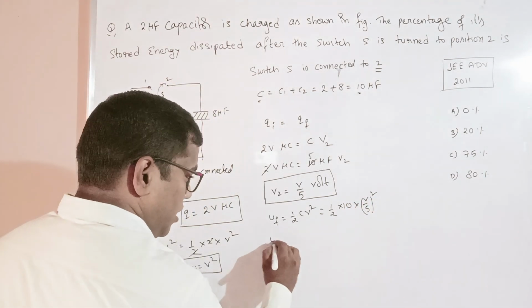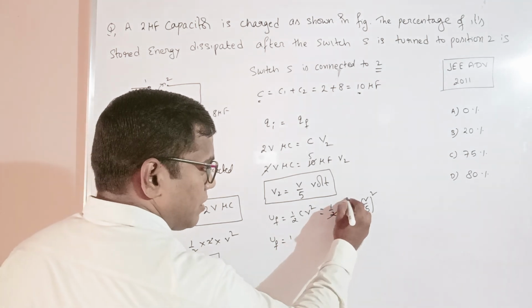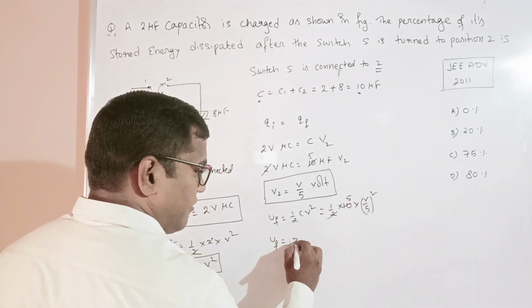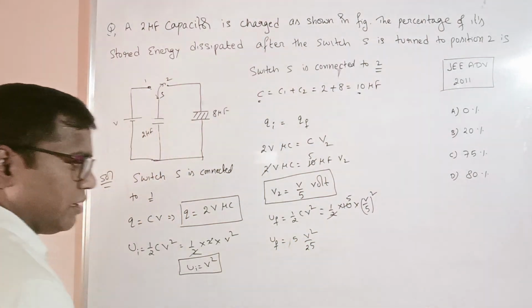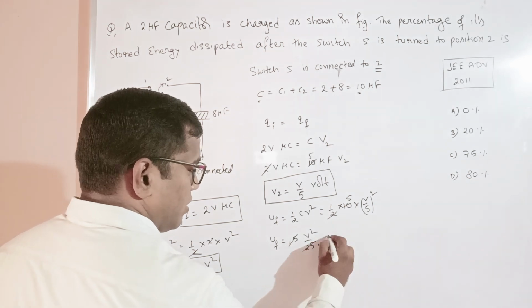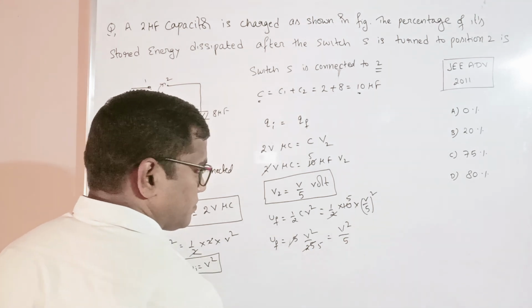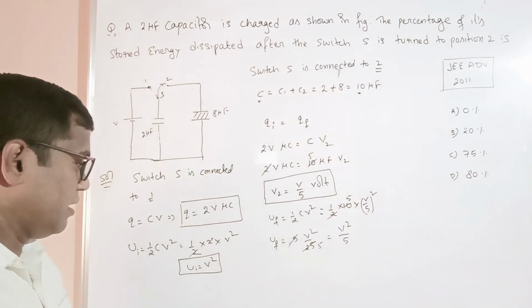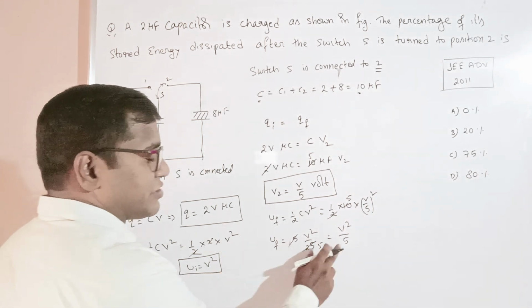So here 2 fives go, and I write 5 into V square by 25, so 5 fives are 25. So we get V square by 5. The initial energy is V square and the final energy is V square by 5.